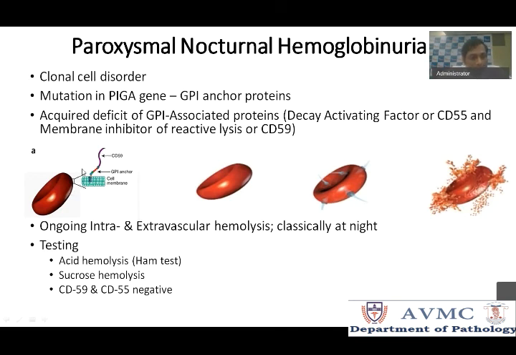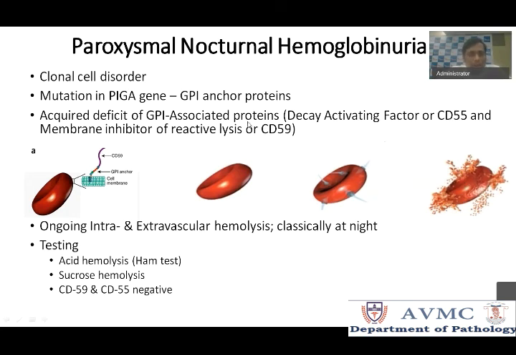When you don't have this GPI anchor, these proteins are not attached to the RBCs, and these naked RBCs are easily attacked by complement factors, which induces complement-induced lysis. This is the problem in paroxysmal nocturnal hemoglobinuria.